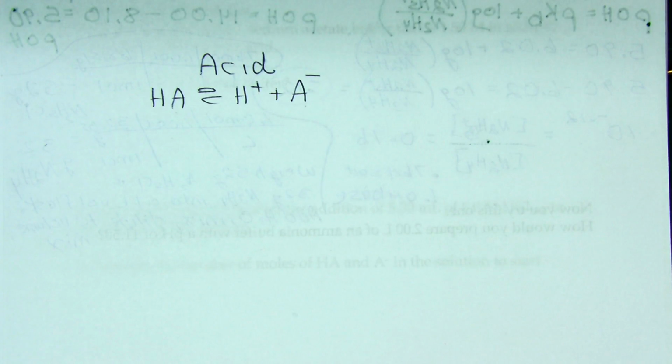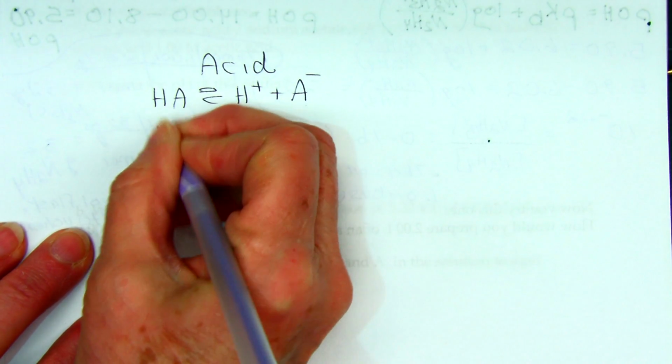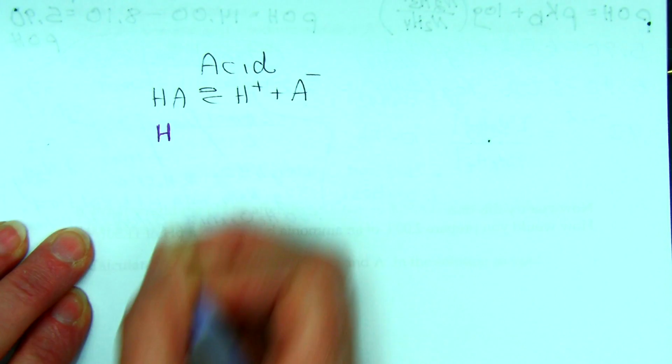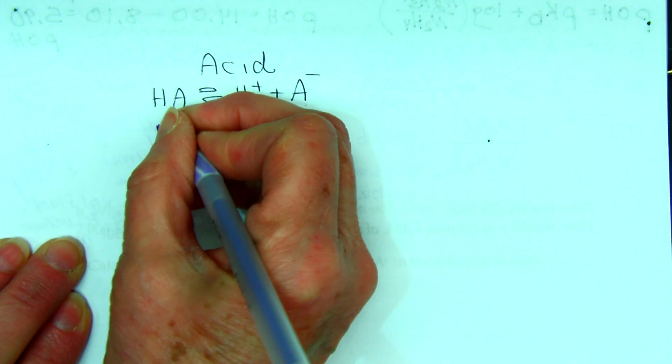Now, if I dump in a bunch of strong acid, I'm dumping in loose hydrogen ion. Can you see that this hydrogen is a different color? Yes, you can.